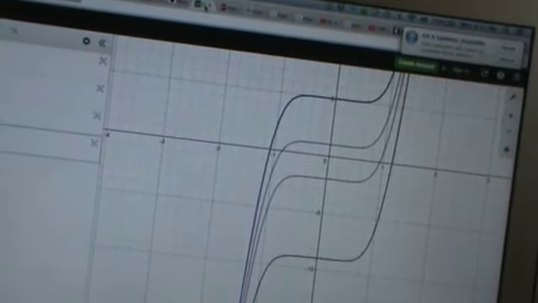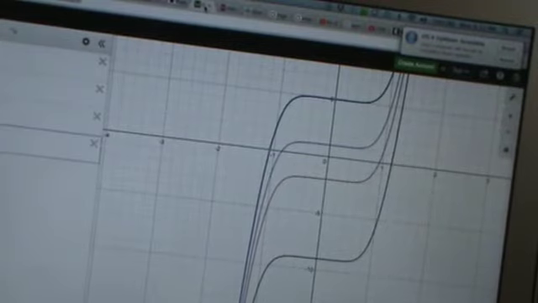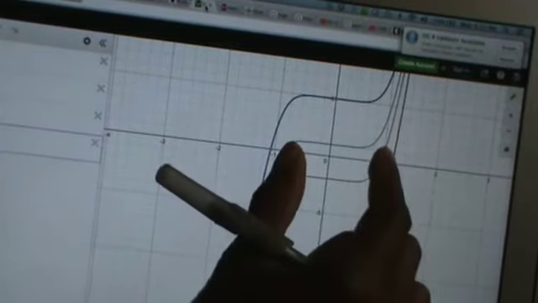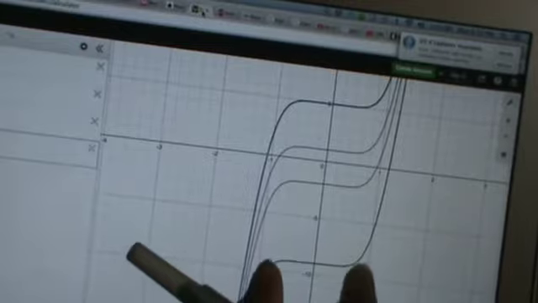Parallel is not the greatest word, but it does give you a visual that sticks in your mind. They're non-overlapping. That's the point that I'm trying to make. So basically, you're taking this function and just shifting it up and down the y-axis, creating an infinite number of solutions, right? C could be absolutely anything.